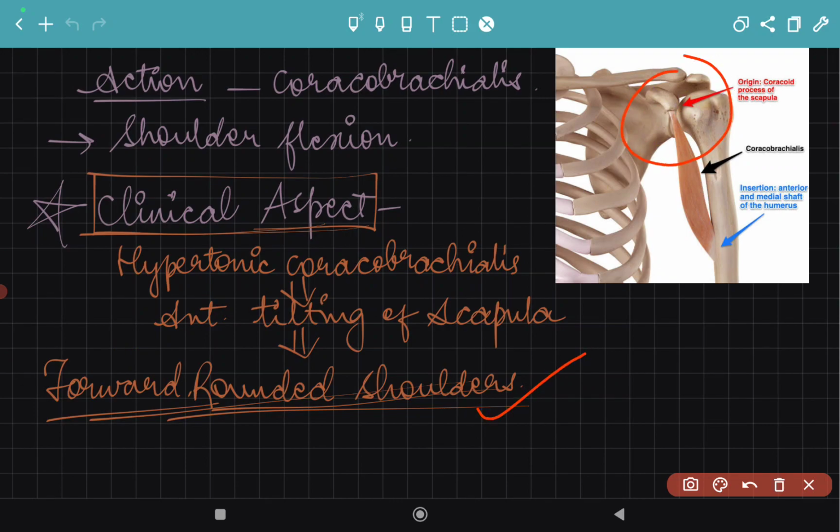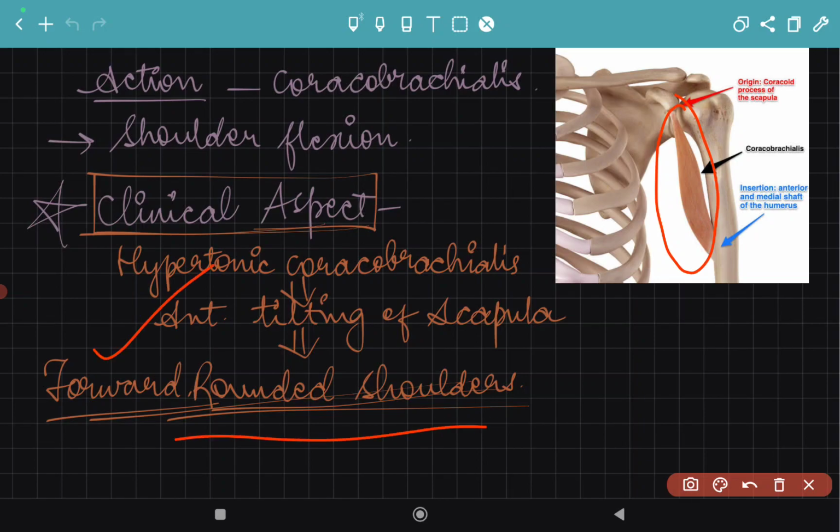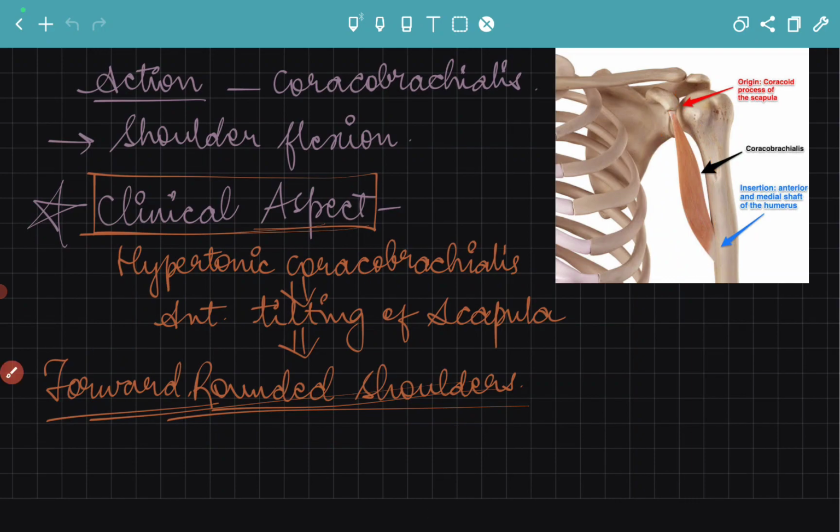That is a short clinical aspect to remember. Tightness or hypertonic coracobrachialis will majorly cause anterior tilting of the scapula and forward rounded shoulders. The action we saw of coracobrachialis is shoulder flexion.